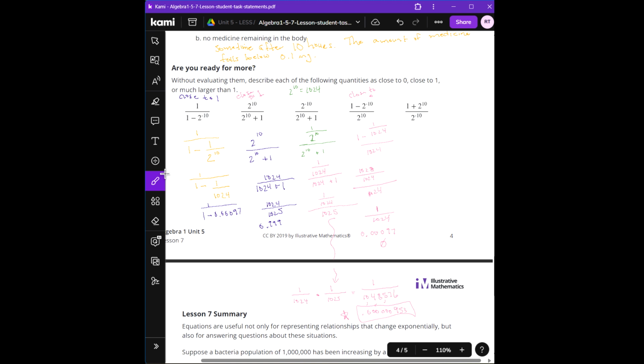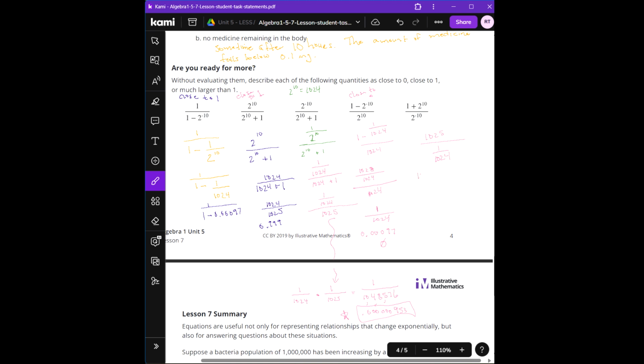Then let's take a look at this one. I'm going to have 2 to the 10th, which is 1024, plus 1. So I have 1025 divided by 1, divided by 1024.